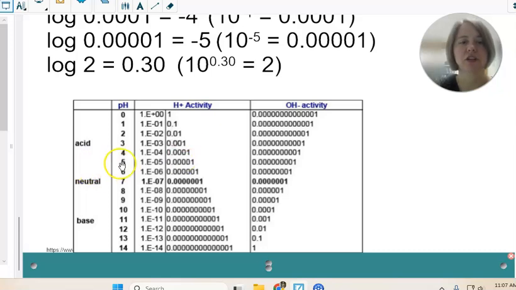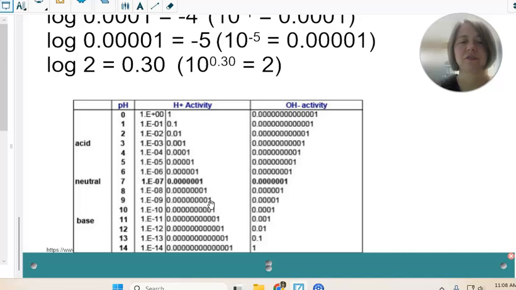Jumping down to pH of 5, you have 10 to the negative fifth, which would be 0.00001 molar concentration of hydrogen ions. Going higher in pH, to a pH of 9, it would be 10 to the negative ninth equals 8 zeros and a 1 molar concentration of hydrogen ions.